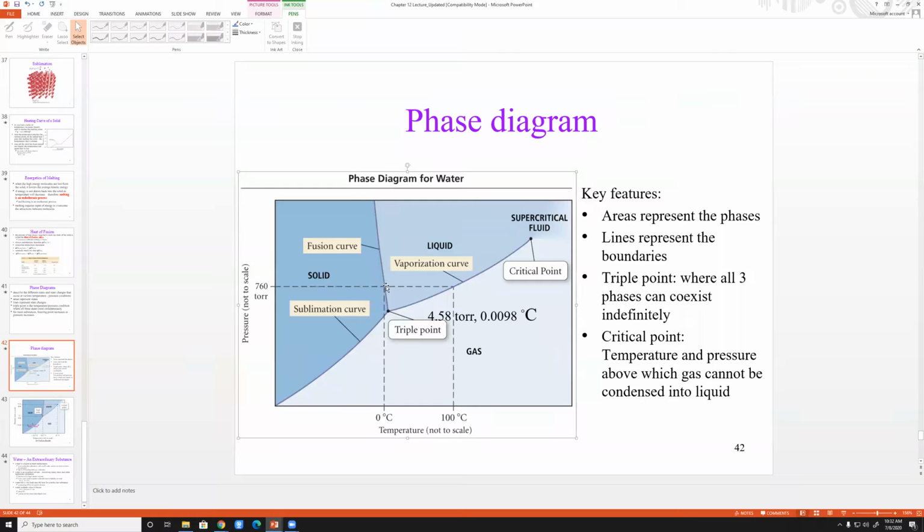So let's say here's the melting point. So here's 0 degrees, the melting point of water. So this fusion curve, this one right here, represents the melting point. If you increase the pressure all the way up here, it decreases the melting point a little bit. So that's because you're decreasing the force that's being put on the liquid.